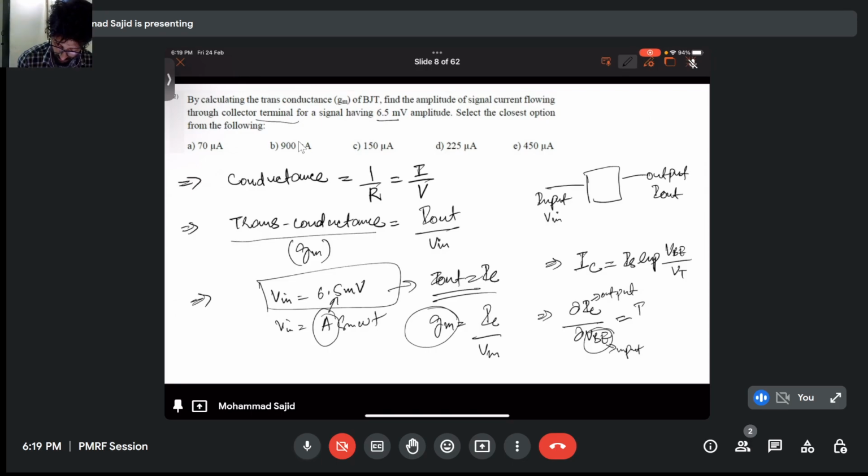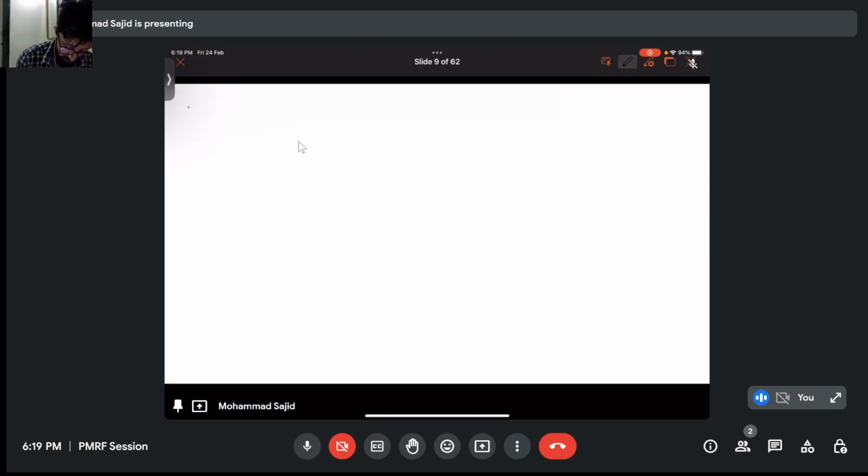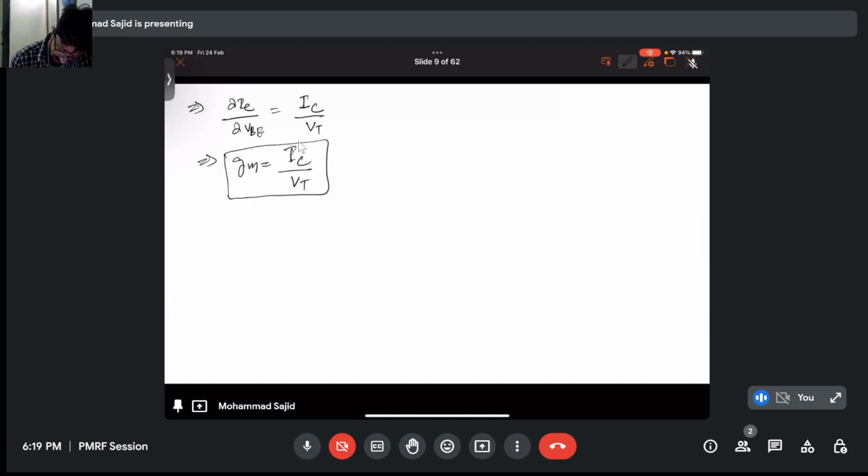So it will be Is exponential of VBE by VT times 1 by VT. This will give me IC by VT. This implies Gm can be defined as IC by VT, right?